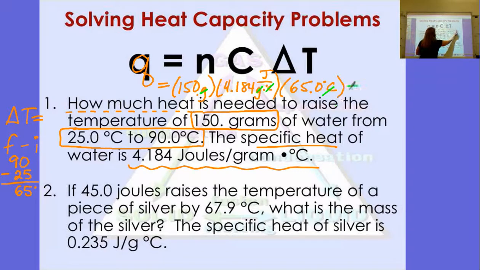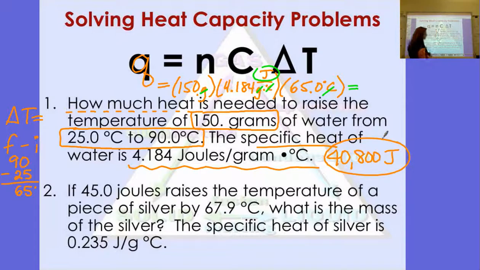Celsius cancels with Celsius. When I calculate my answer, my units are going to be in joules. If you plug this in your calculator, keeping 3 significant figures, I get 40,800 joules. That's how much energy it would take to raise 150 grams of water from 25 to 90 degrees Celsius.